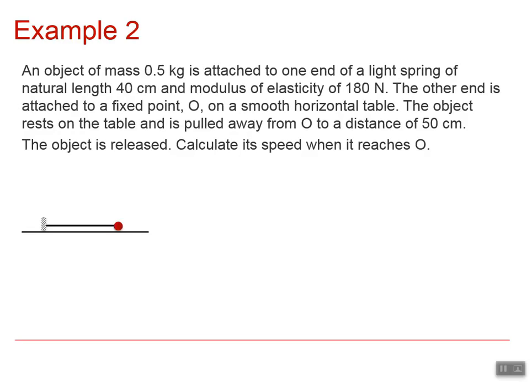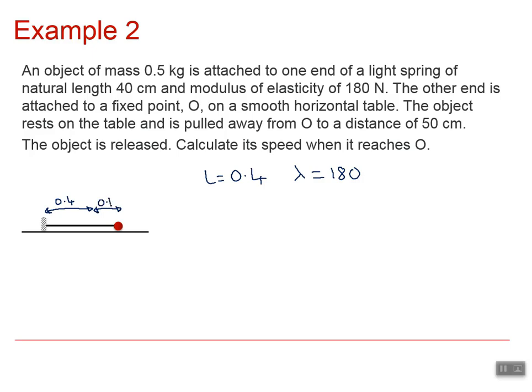Okay, so on to example 2. Here our object has a mass of 0.5 kilograms and it's attached to the end of a light spring, natural length 40 centimetres. So L is 0.4 and lambda is 180. We're now going to pull it along, so we've got our natural length here of 0.4 and we're going to get to a distance of 50 centimetres.